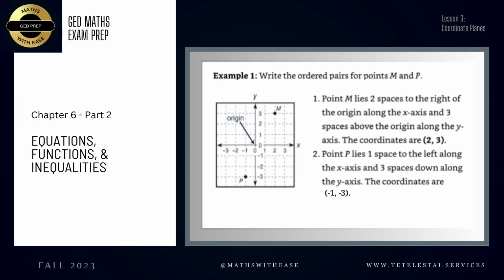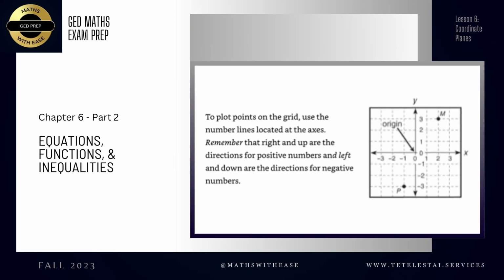And again, we did that by counting, or let's read the note given to us by the book. Point P lies 1 space to the left along the x-axis, okay, and 3 spaces down along the y-axis. Pay attention to the signs. Whenever you're moving right and up, your coordinates will be positive.